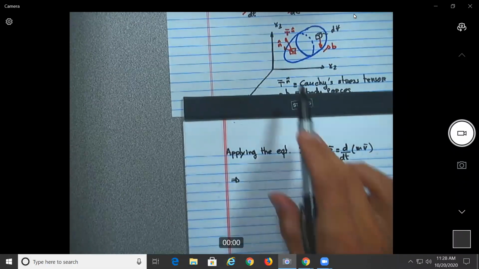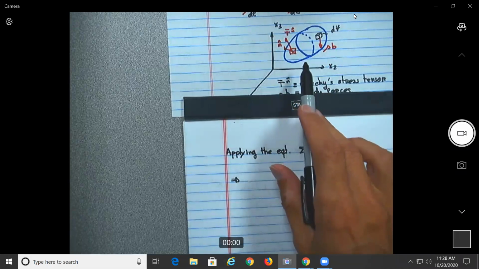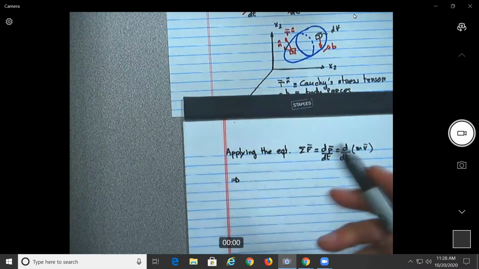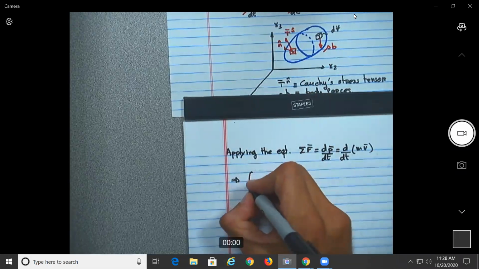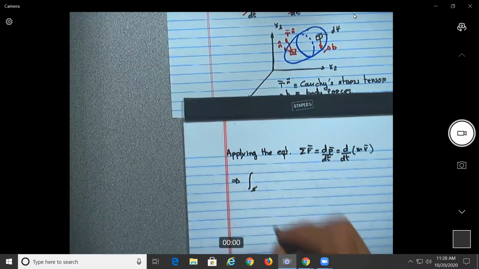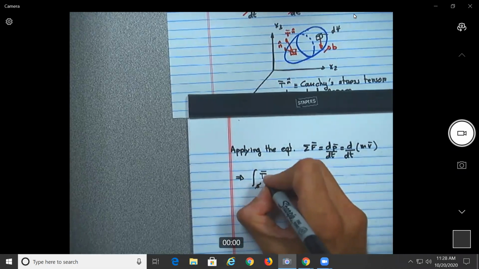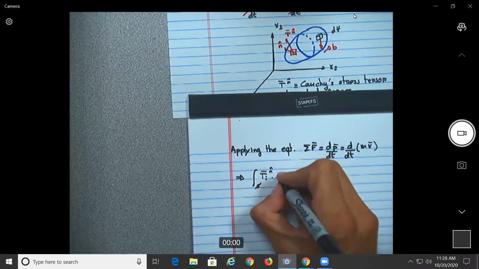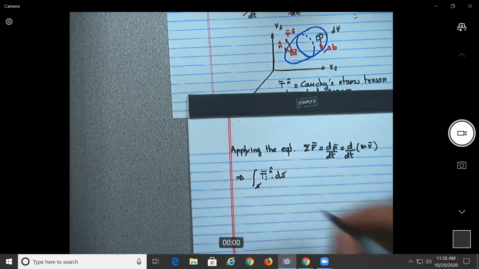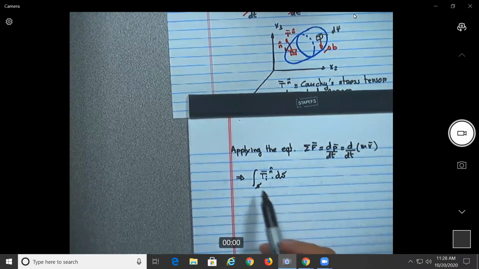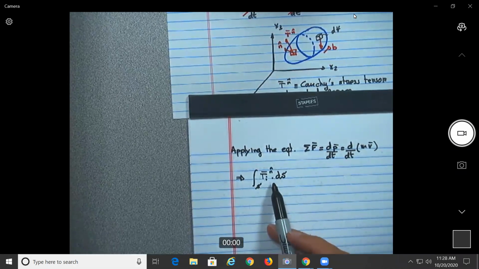Okay, so what are the forces? We know we can have forces that will be in function of the stresses. We know stresses are defined on surfaces. So we can say T of n on the surface. This would be external forces, if you want, no?